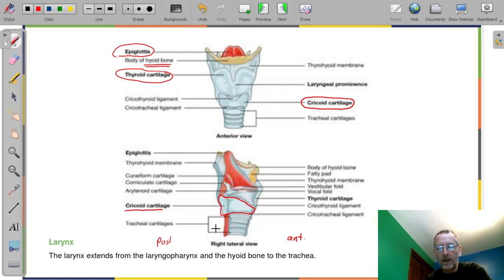You're looking in the lumen of the trachea and of the larynx. The arytenoid cartilages, I'm not spending time on those since we're cutting that out this quarter. But the 3 I want you to know the orientation of are the hyoid bone, the thyroid cartilage, and the cricoid cartilage.